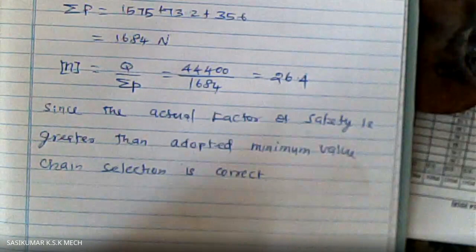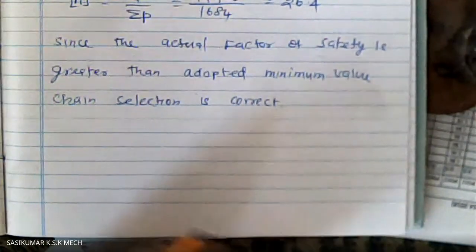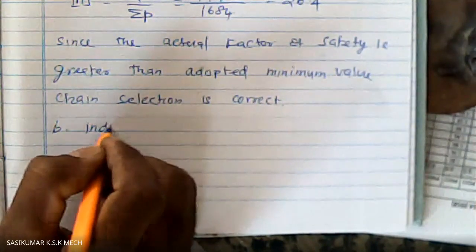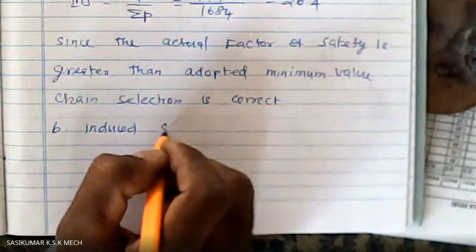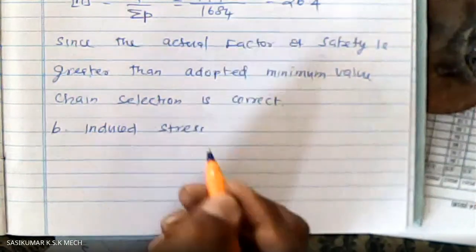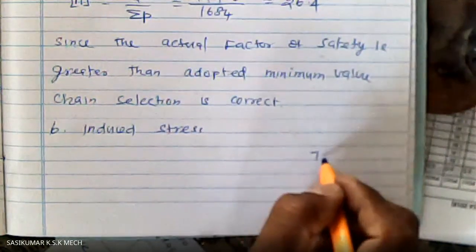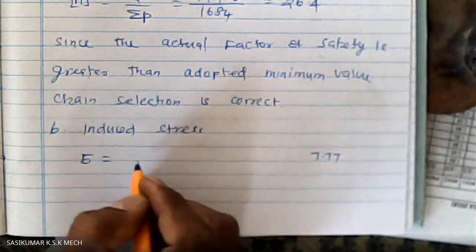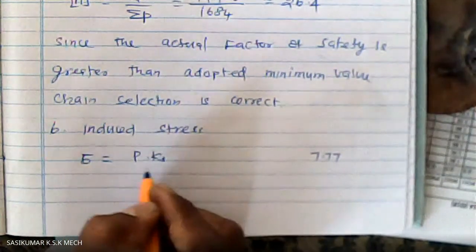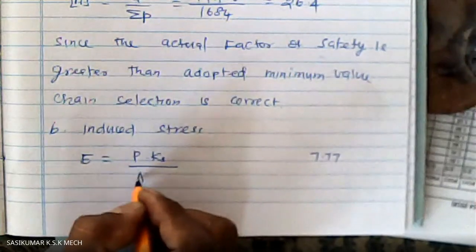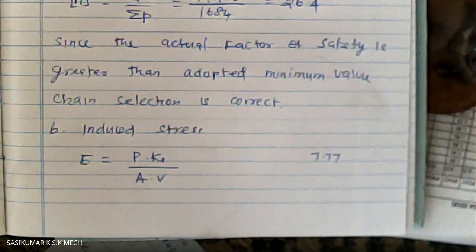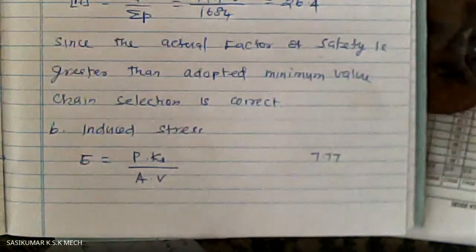The next step, sixth step, is to calculate the induced stress. For this, refer page number 7.77. Sigma is equal to P into Ks divided by A into V. In page number 7.77 you have that relation.